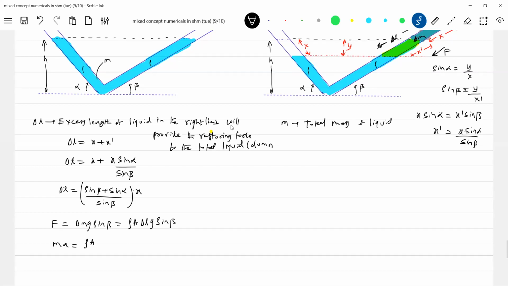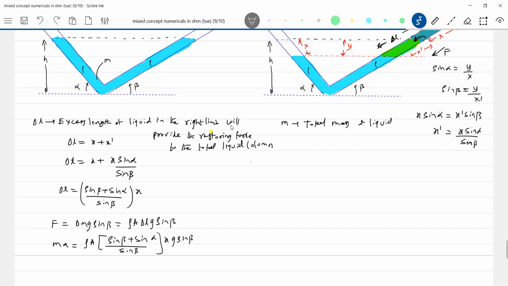So this will be rho A, delta L will be sine beta into X, G sine beta. So this should become equal to M.